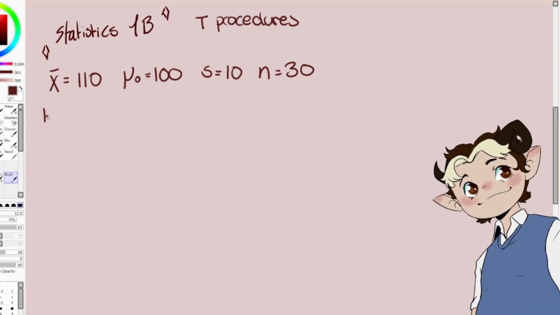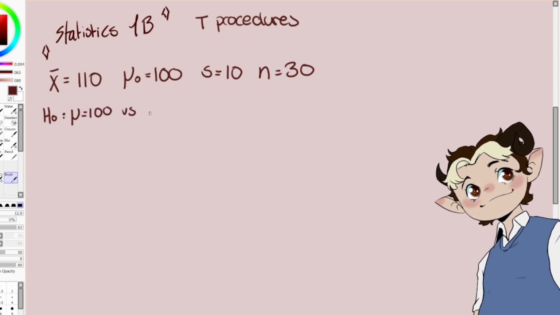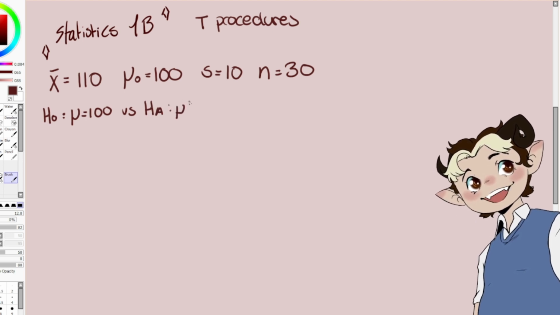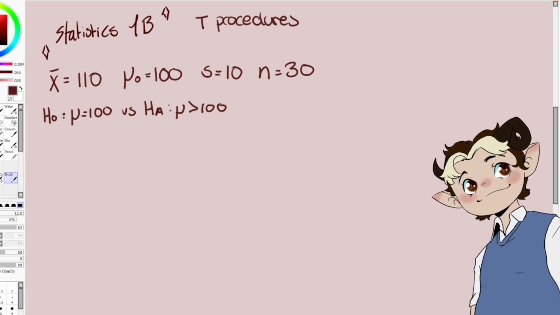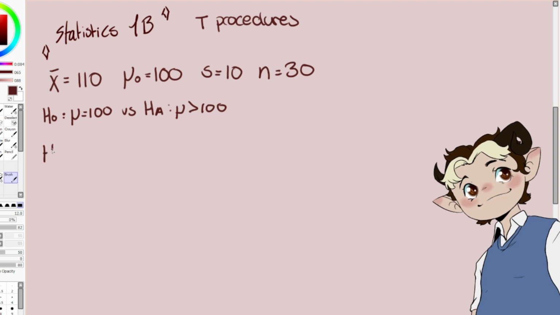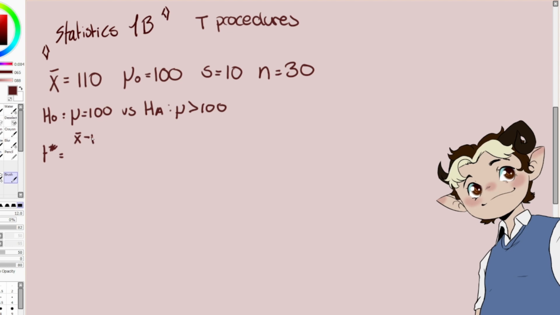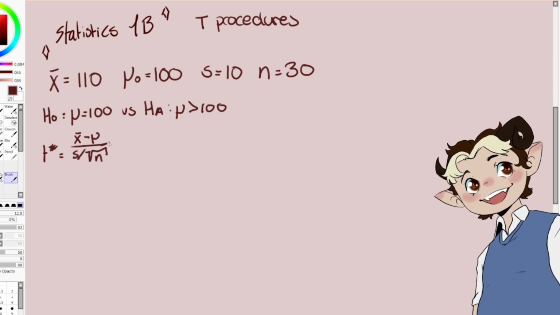So we start with our hypothesis. So our hypothesis is that mu is 100 versus mu is more than 100. That is our basics. Now let's put it into our formula. So our T formula looks like this, divided by the square root of n.